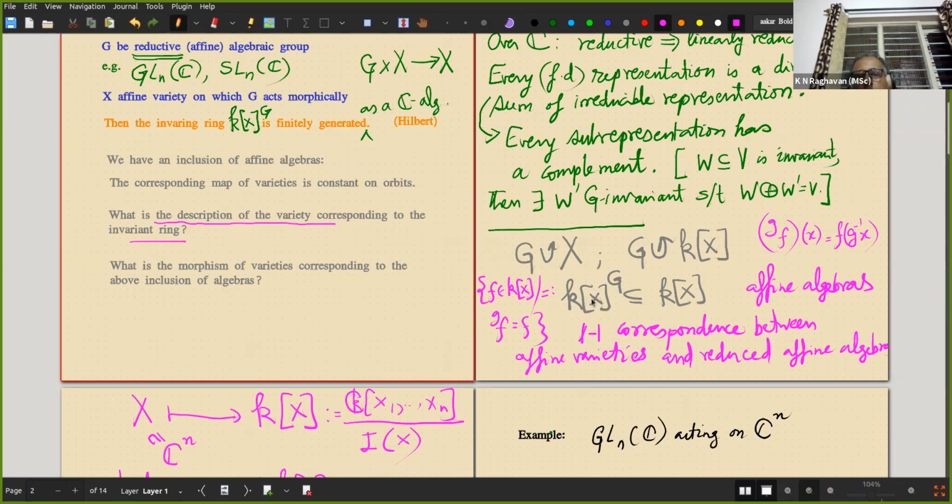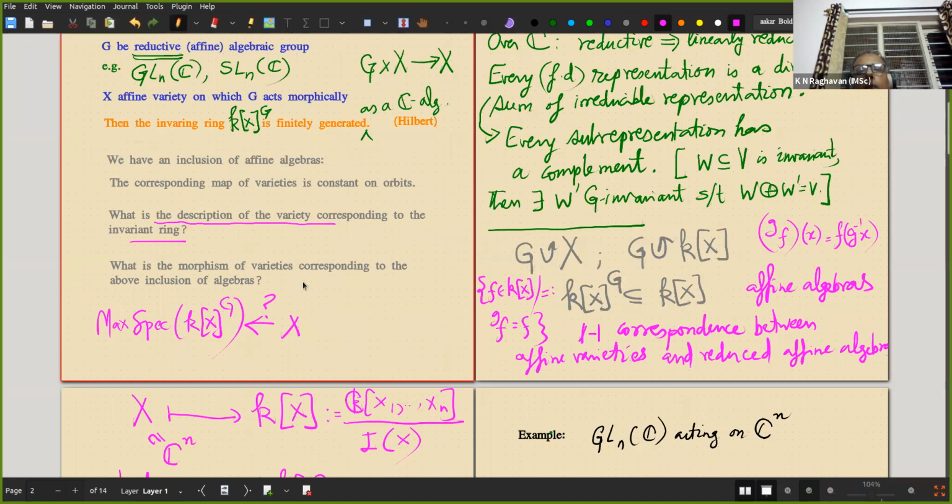And moreover, since this inclusion is an algebra morphism between affine algebras, there is a corresponding map from X to the max spec of KX^G. What is this? These are the two questions we want to answer.